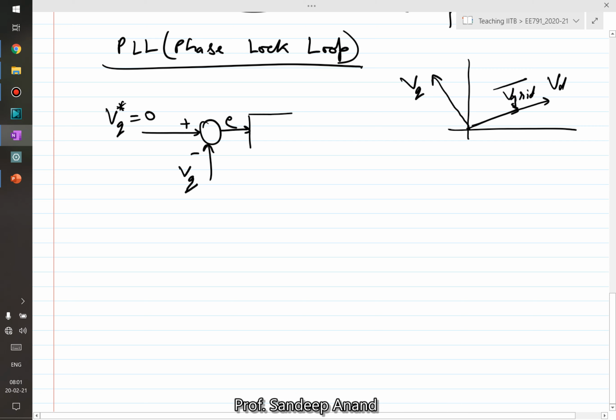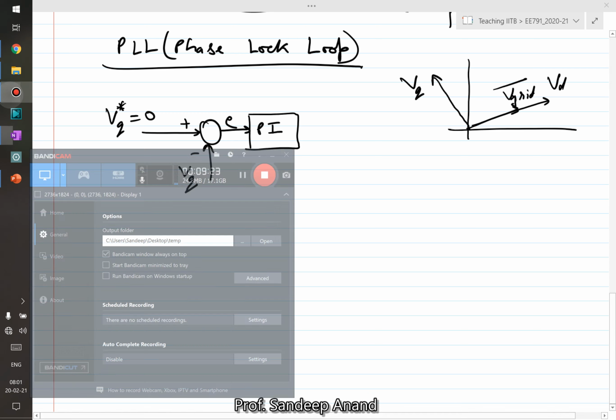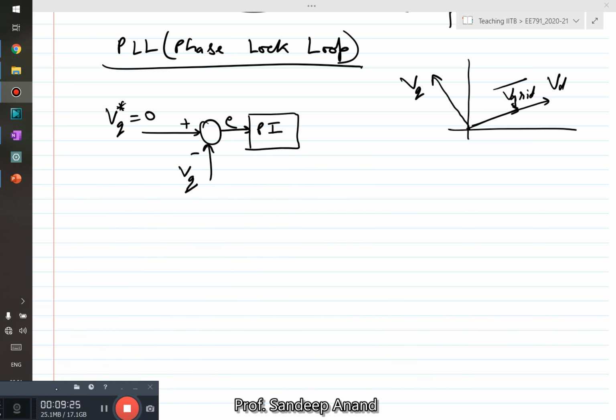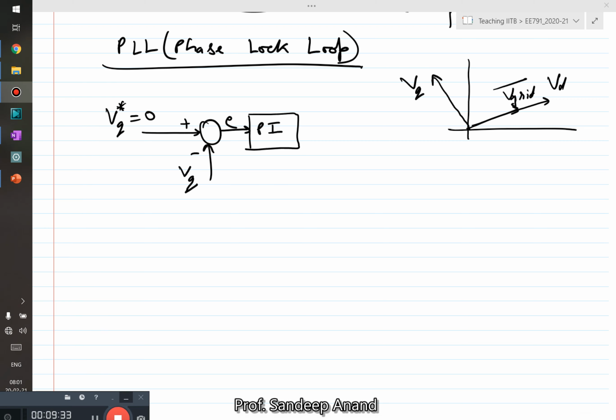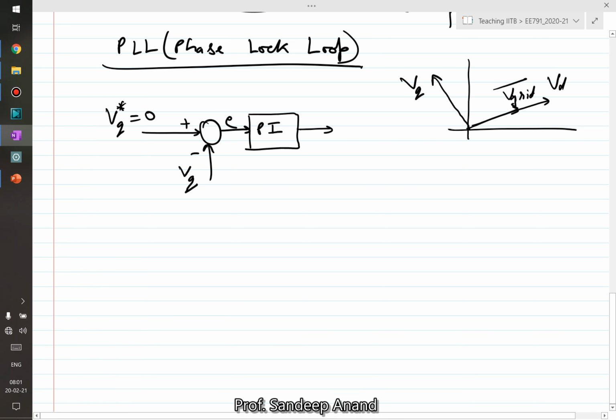So you can put a PI integral here, and that would produce the varying component of the speed, delta omega, on which you can add some fixed value, let's say omega naught, which could be as simple as 2 pi into 50 if we assume the grid frequency is about 50 hertz.